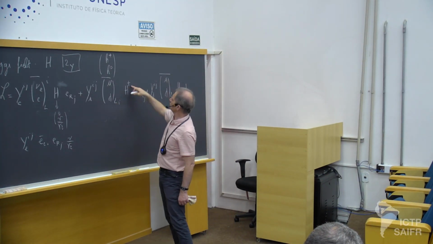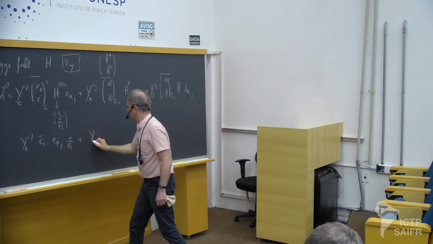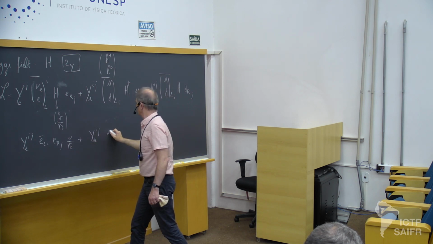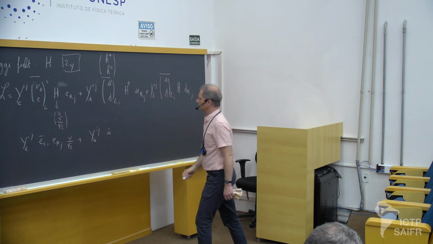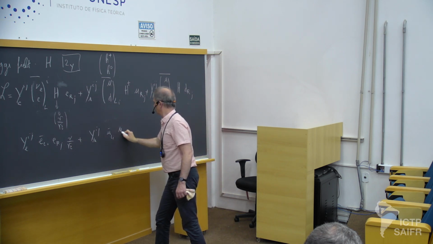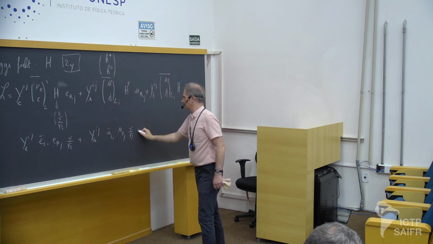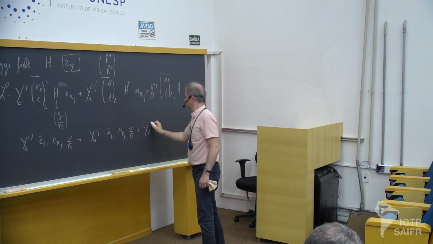Here, since it's a dagger, you will pick up the upper component: Y up IJ, up left I, up right J, V divided by square root of 2, plus finally Y down IJ.